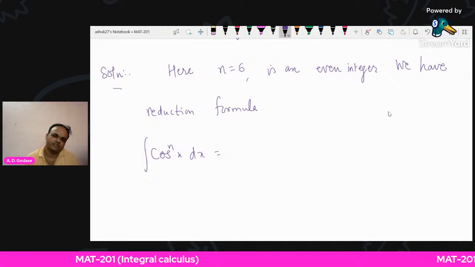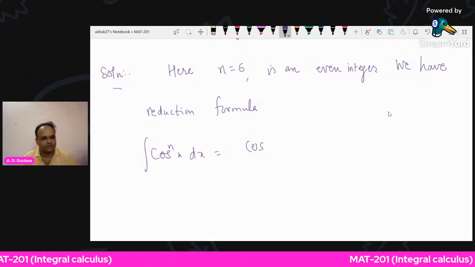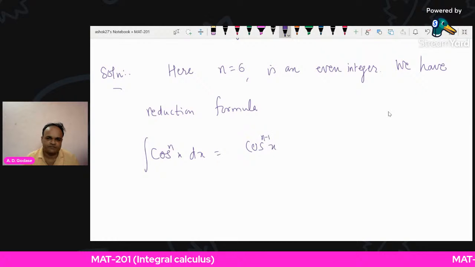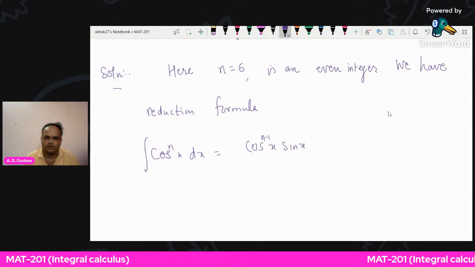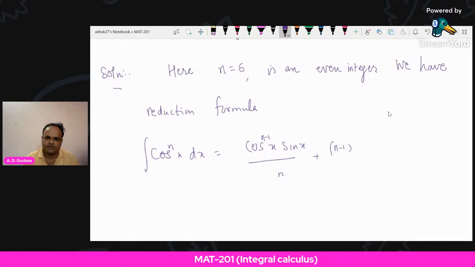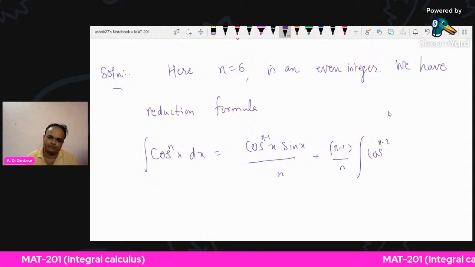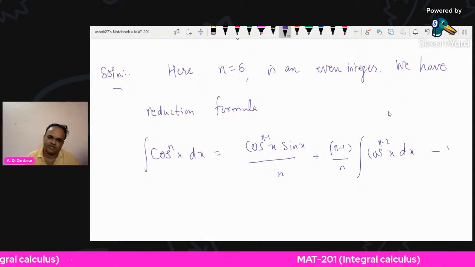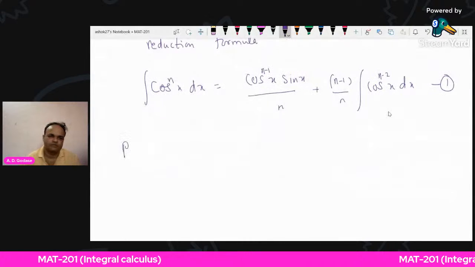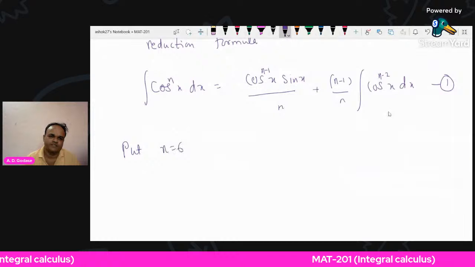So it is nothing but cos raised to n minus 1 x into sin x whole divided by n plus n minus 1 divided by n, and it is integration of cos raised to n minus 2 x dx. So you can write this equation as, suppose, equation number 1. So here, first put n equal to 6 in 1.